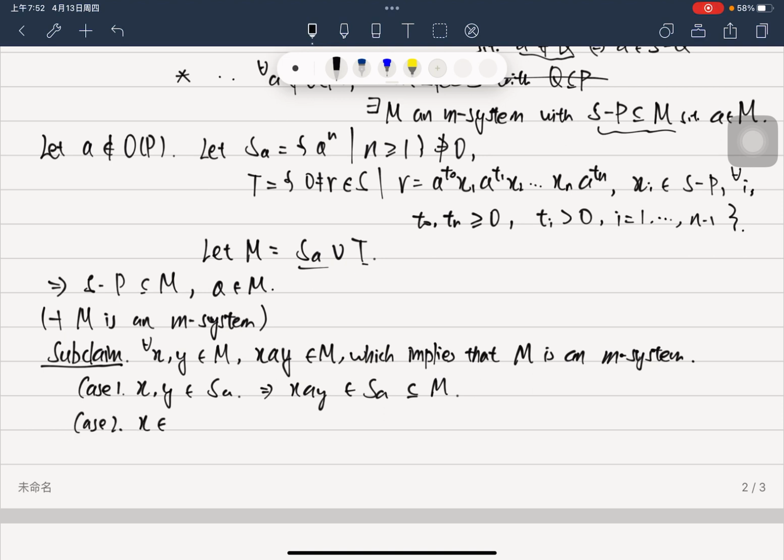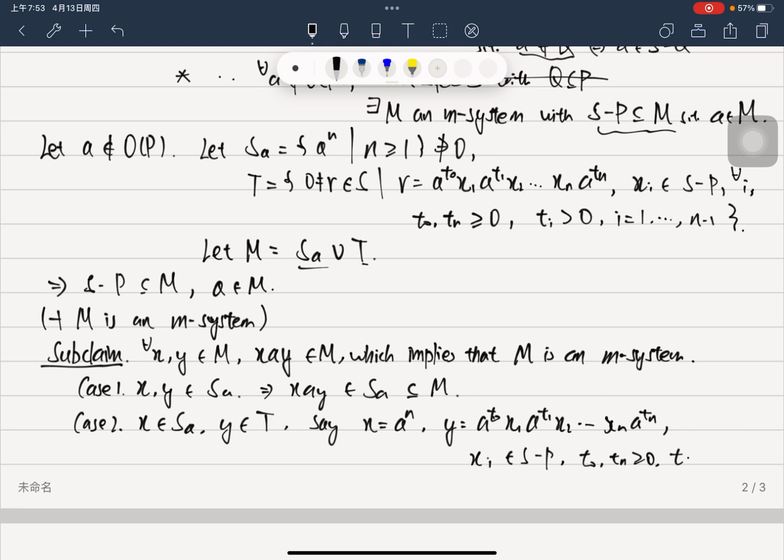If X is in S_A and Y is in T, say X is A to the n and Y is A^{t0} x1 A^{t1} x2 ... xn A^{tn}, where x_i is in S minus P, and t0, tn are larger than 0, and the other t_i are larger than 0 but not equal to 0.